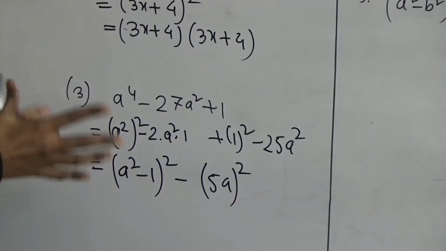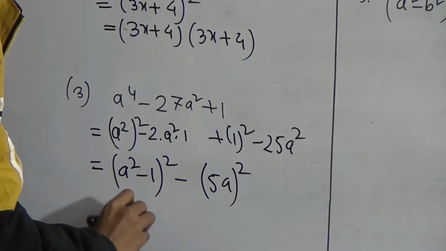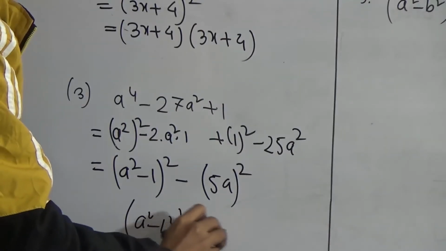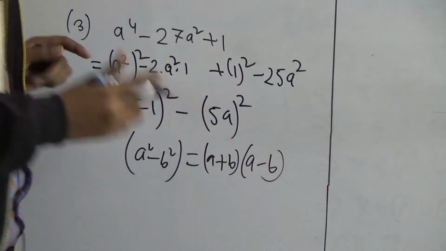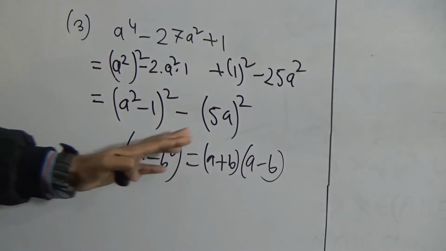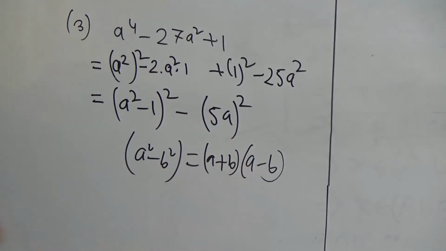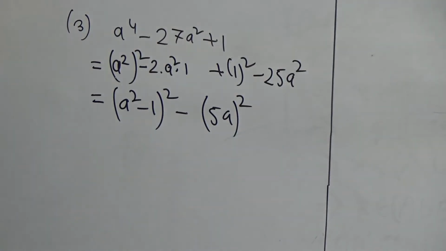We have to write this expression in product form. We know this formula: a square minus b square equals what? A plus b into a minus b. That means you have to write first term plus second term, then multiplication, first term minus second term. Okay. Now we have to write in that way.